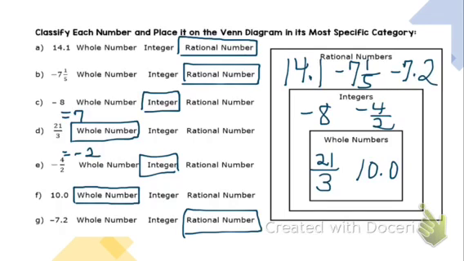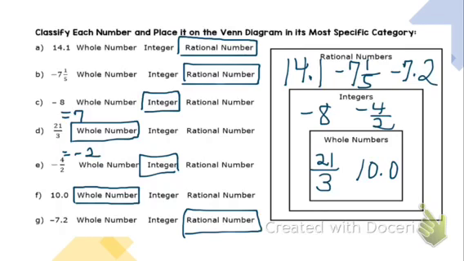Okay, you're ready to check your answers. So A, 14.1, that's a terminating decimal, so that would be a rational number. B, negative 7 1/5, that's a fraction, so that would be a rational number. C, negative 8, definitely an integer. D, 21/3, it's an improper fraction, but it can be simplified to 7 wholes, so it's a whole number.